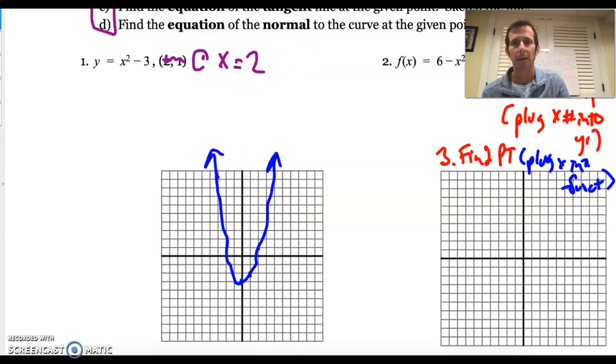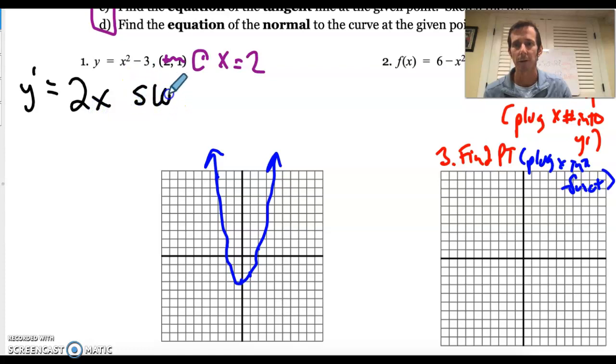All right, now I'm going to find the derivative. So now I'm over here finding the derivative. That was our first step. So y prime is, that's why notation is very important. We learned how to do this. The derivative of this is 2x, and so the slope is the value when I put 2 into my derivative.